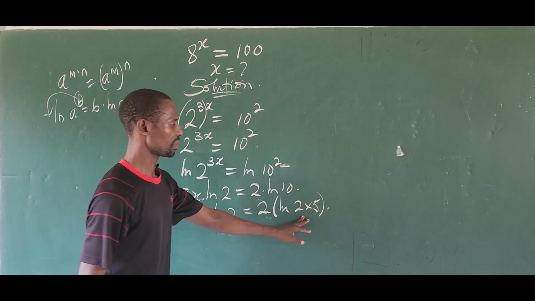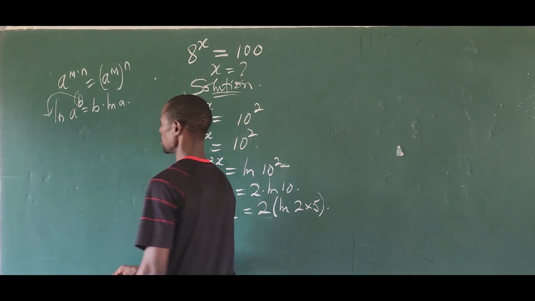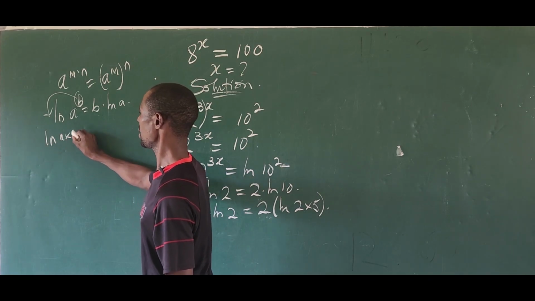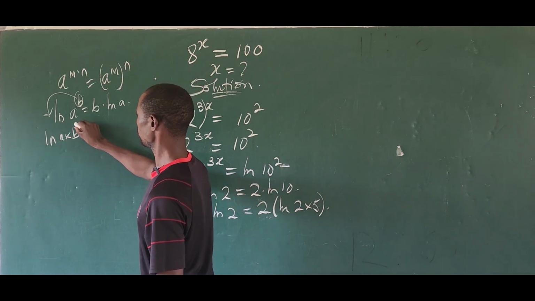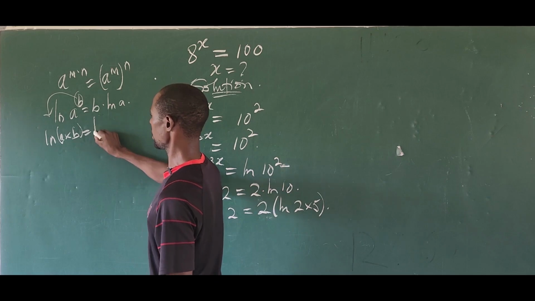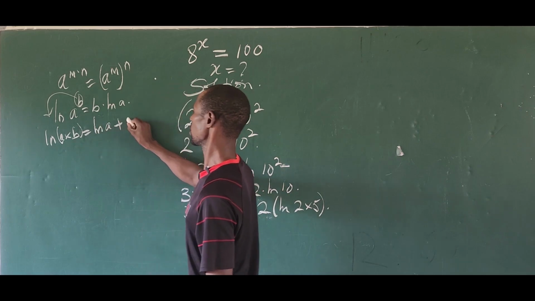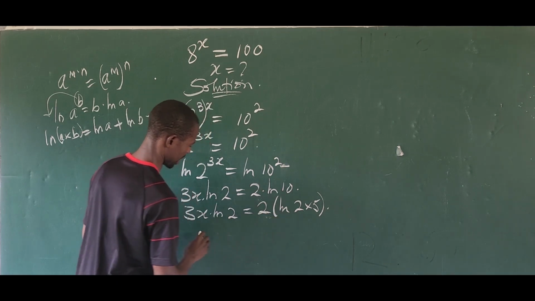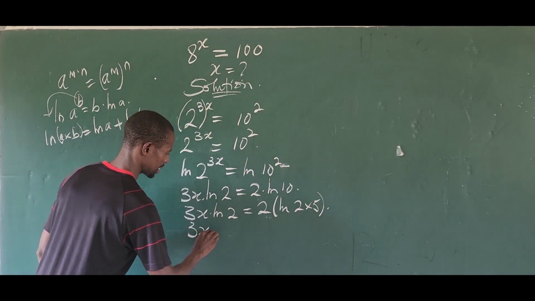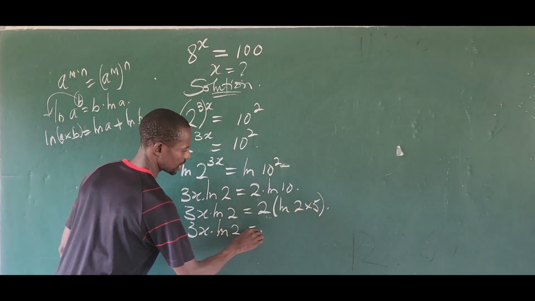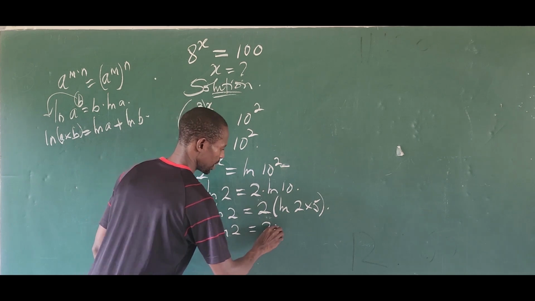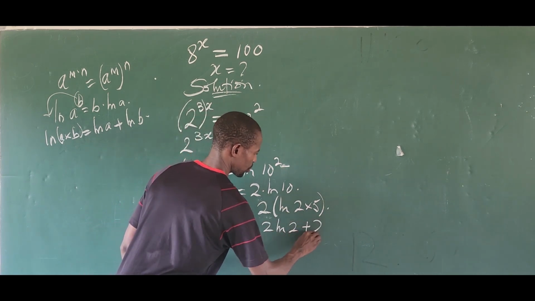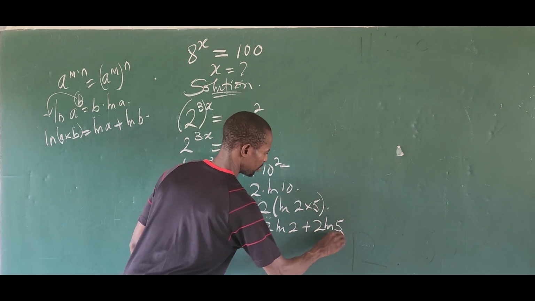Here we apply the multiplication law of logarithm, which says that the ln of a times b is equal to the ln of a plus the ln of b. So we just have to rewrite this side to give us 3x times the ln of 2 is equal to 2 into the ln of 2, plus 2 into the ln of 5.